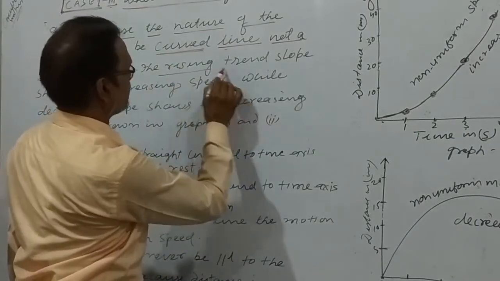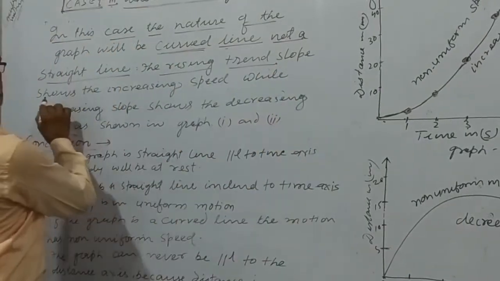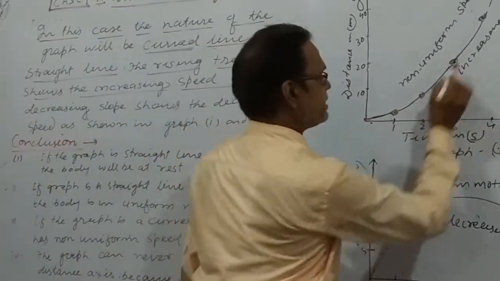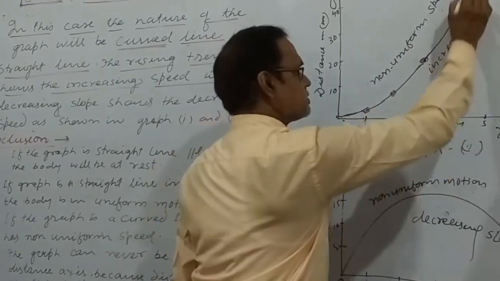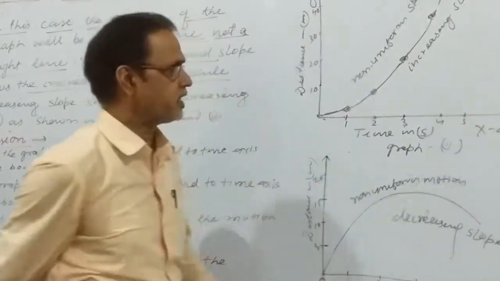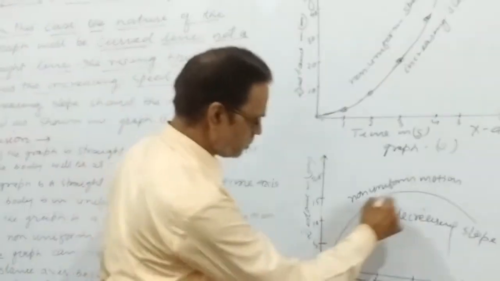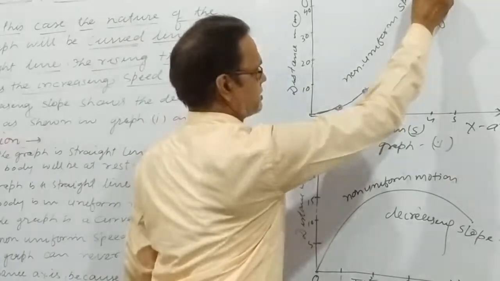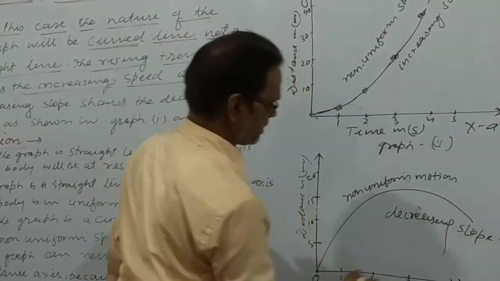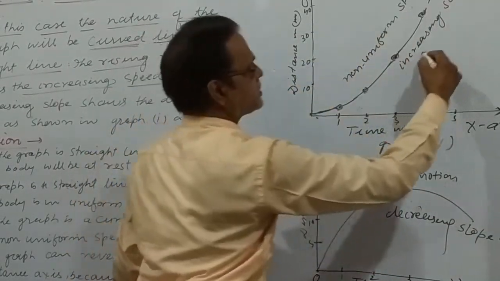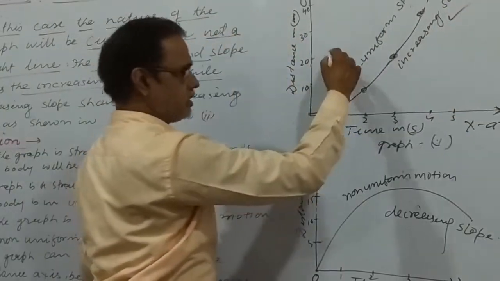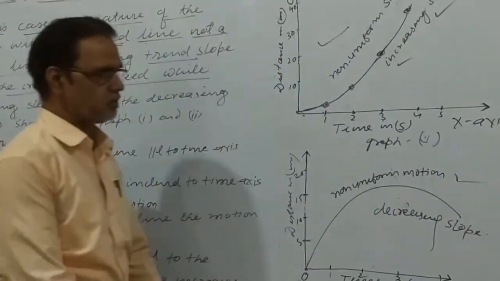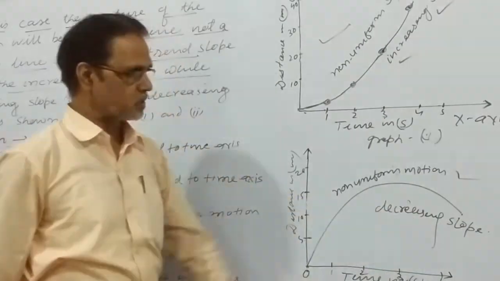And the rising trend slope shows the increasing speed. जब slope rising होता है, the rising slope, increasing slope shows the increasing speed, and decreasing slope shows the decreasing speed. Understanding? This is the rising trend, and this is falling. So the rising trend shows the increasing speed, non-uniform but increasing, and here it is also non-uniform, but decreasing slope shows the decreasing speed.